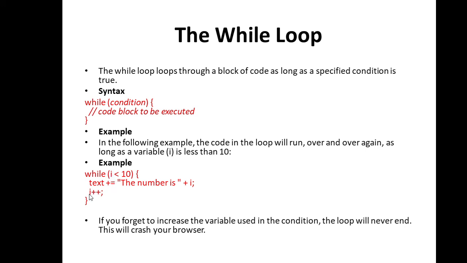It executes this, add 1, is still true, execute, add 1, becomes 2, execute, 3, 4, 5, 6, 7, 8, add 1, 9, true. So the number is 9, add 1, 10, it becomes false, it goes out of the loop. So the numbers that will be displayed here, if I started with 0, is from 0 to 9.